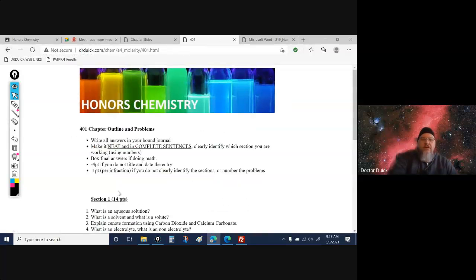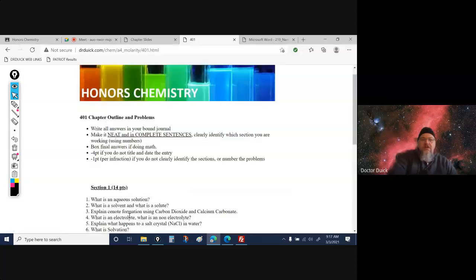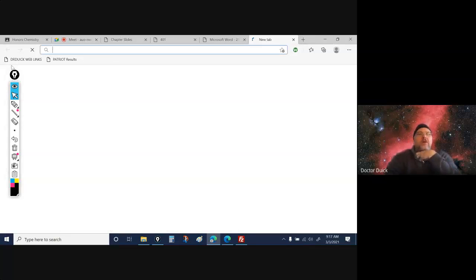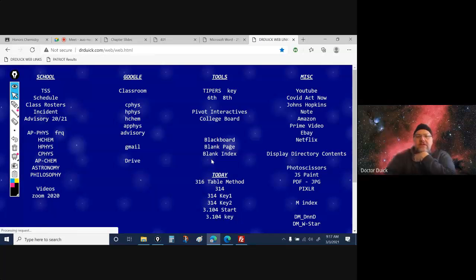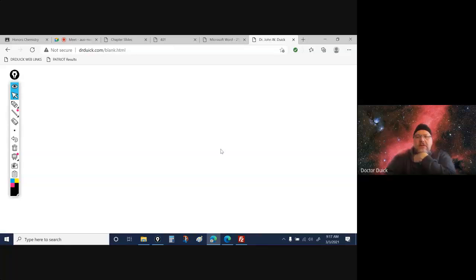It says, explain sinkhole formation using carbon dioxide and calcium carbonate. I'm going to have to get to a blank sheet for this because this requires some fancy illustrations.